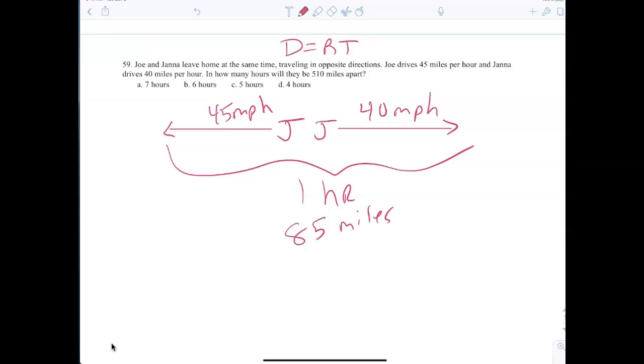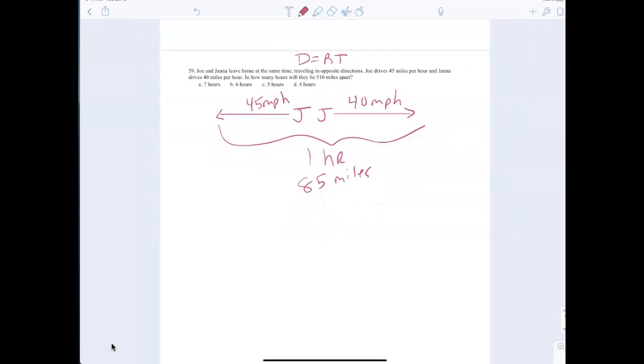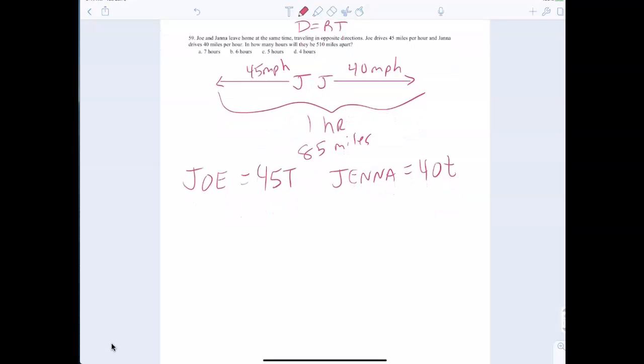Right. So now, remember, they're traveling at the same time, correct? So Joe is going at 45t, and Jenna is going at what? 40t. Their distances together have to add up to what? 510.